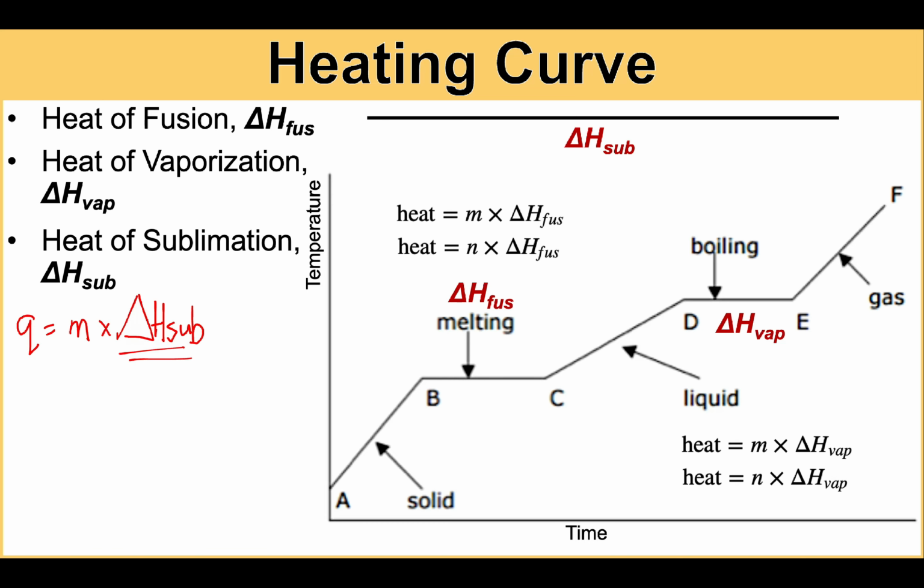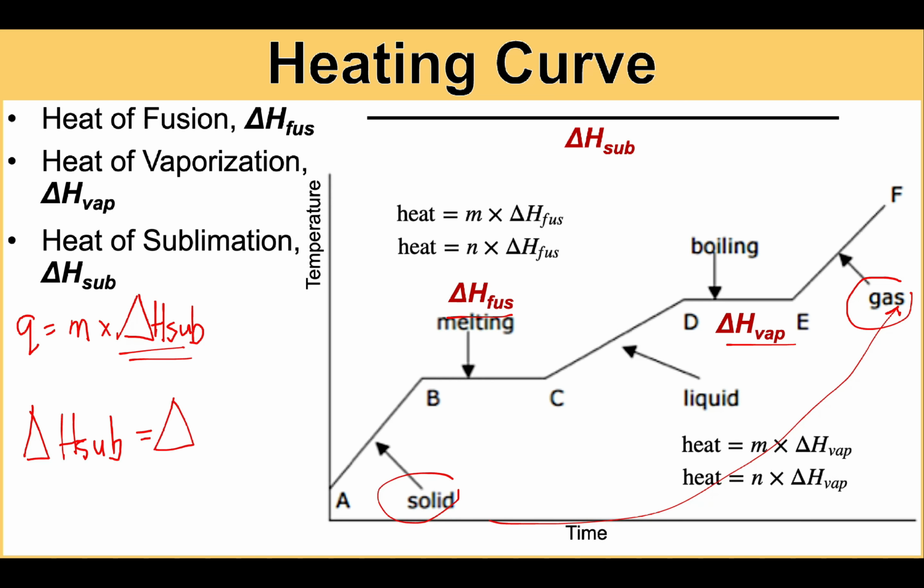So remember, you want to directly convert this to this one, right? And to get from here, you will pass the heat of fusion and heat of vaporization. To get heat of sublimation, if it's not given, you just have to use the heat of fusion and the heat of vaporization. So heat of sublimation is equal to heat of fusion plus heat of vaporization. Okay, so this question is not really common.